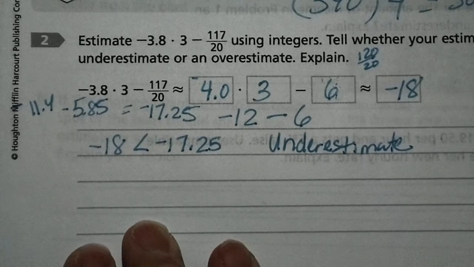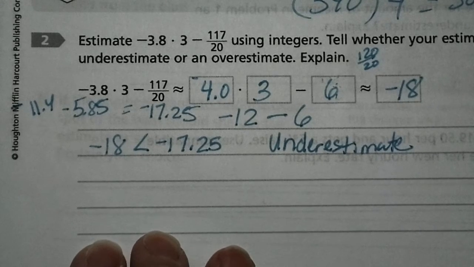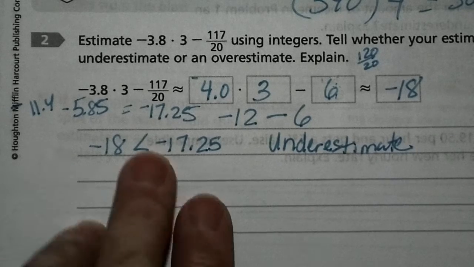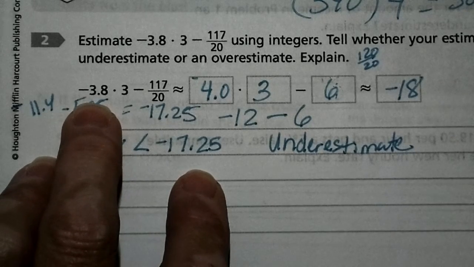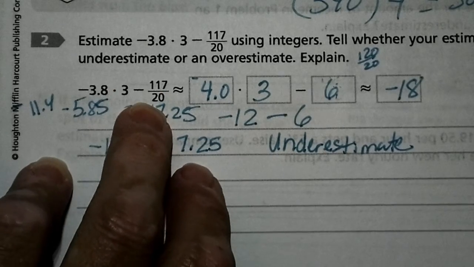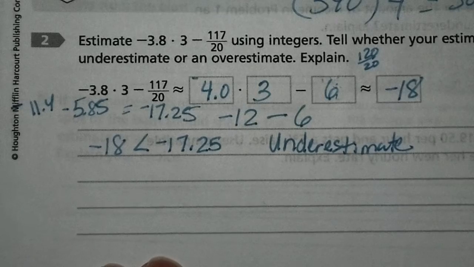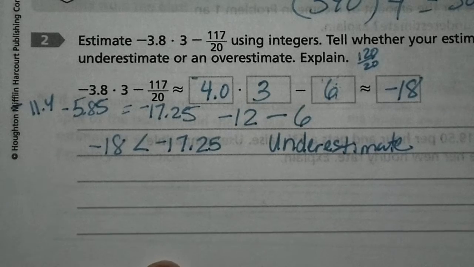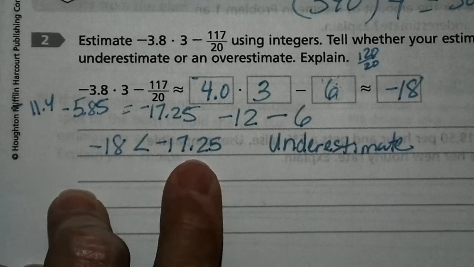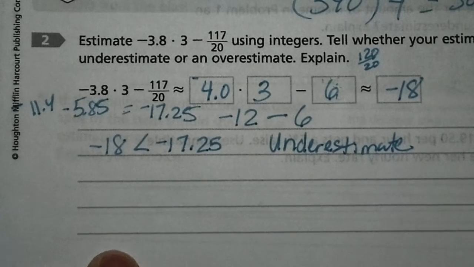Now, if they were positive numbers, then by all means we would be over, right? Because we rounded the 3 and 8/10 to 4. And we rounded this to 120 divided by 20. So if it was positive, by all means, it would be over. But because we're dealing with negative numbers, it's an underestimate. Okay? Any questions about that?